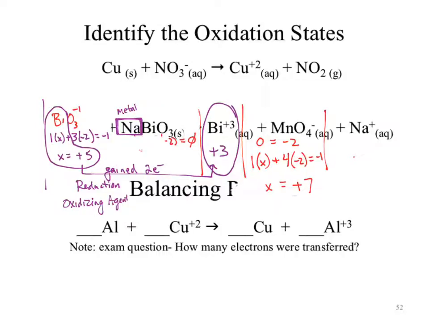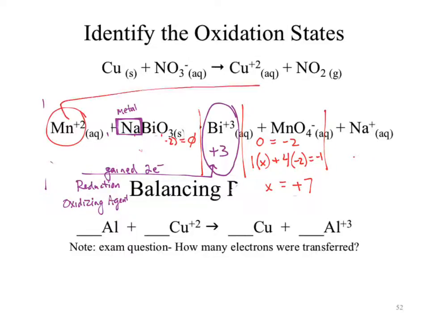What happened to the other species? What happened to the manganese? We went from a +2 to a +7. What happened to it? It lost electrons.